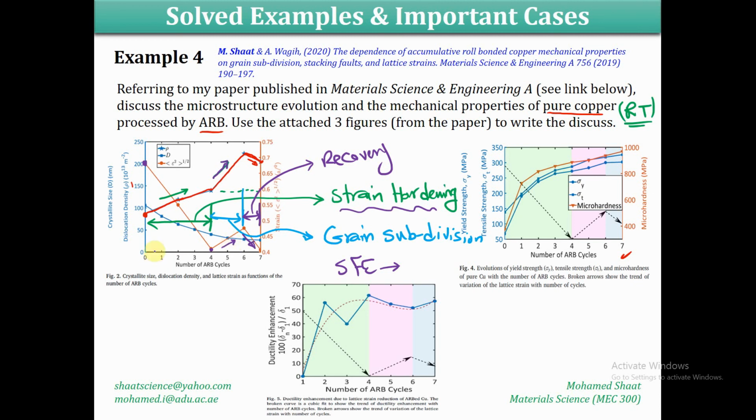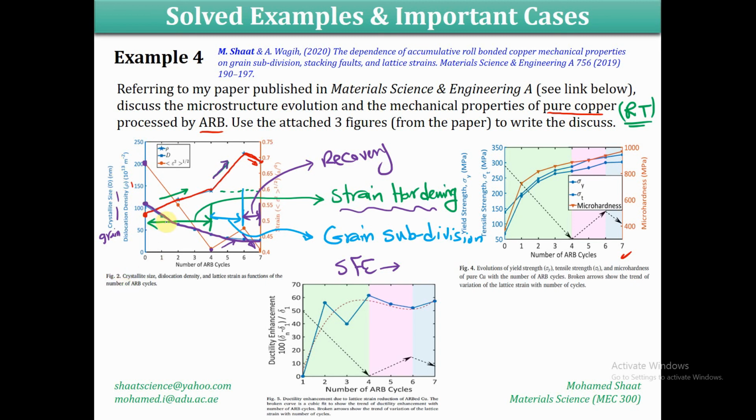Another thing, which is the third curve. As you can see, this blue curve, just observe this curve. This curve indicates the decrease in the crystallite size. We said that this is like the grain size. So according to this curve, the grain size was initially above 110 nanometers.